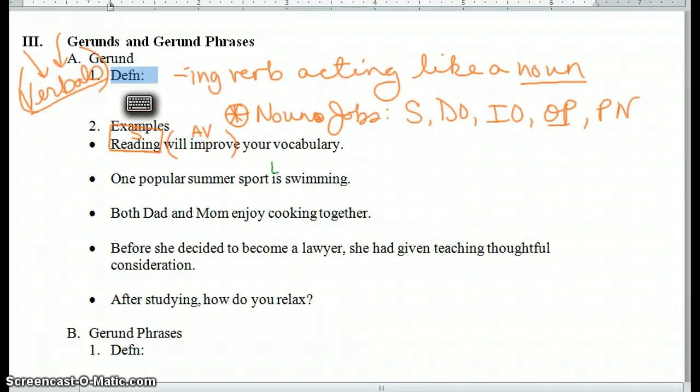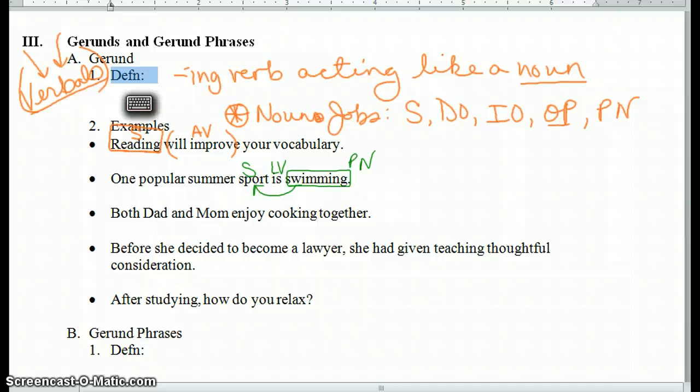One popular summer sport is swimming. Is my linking verb. Who or what is? Sport, subject. Linking verbs take predicate nominatives or predicate adjectives. Sport is swimming. There's an ing verb that is not the action of the sentence. That's renaming sport, predicate nominative. Now it's tempting in this example to think is swimming is your verb phrase, but look at the subject.